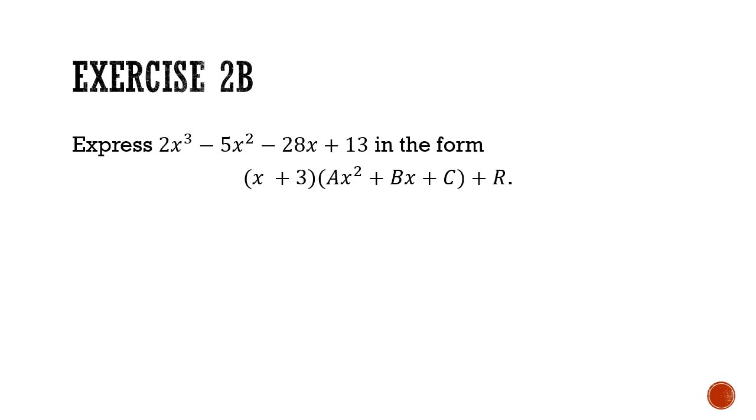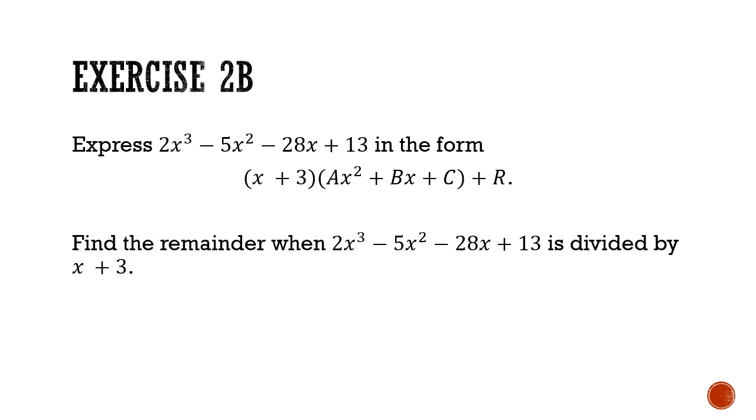However, if I change the question into this, find the remainder when 2x cubed minus 5x squared minus 28x plus 13 is divided by x plus 3, now the question has changed into just finding r. I no longer care about the quotient term. So would long division still be faster, or would the comparing coefficient method be faster?